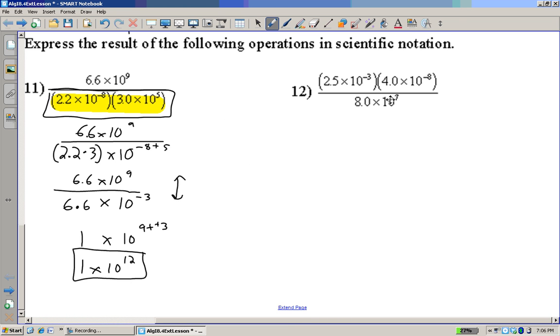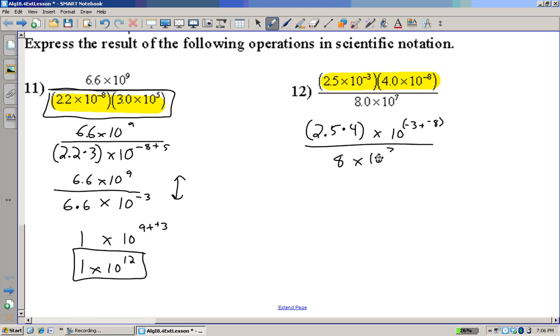Okay, last but not least, we need to combine horizontally first would be a good idea. And the denominator will just be along for the ride for just a moment. Let's rearrange this. 2 and 5/10 times 4 times 10 to the negative 3 plus negative 8 power over 8 times 10 to the 7th power.